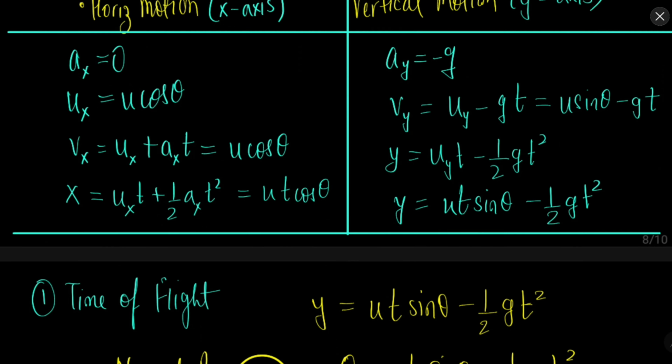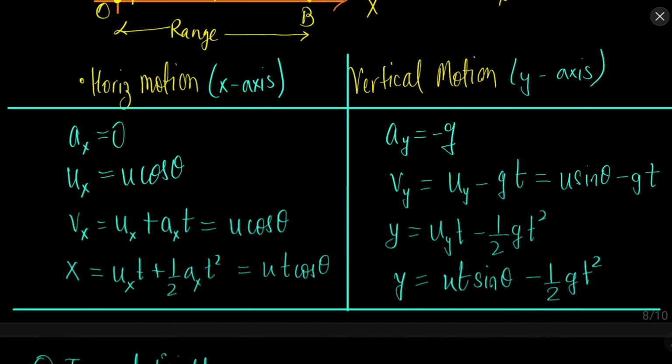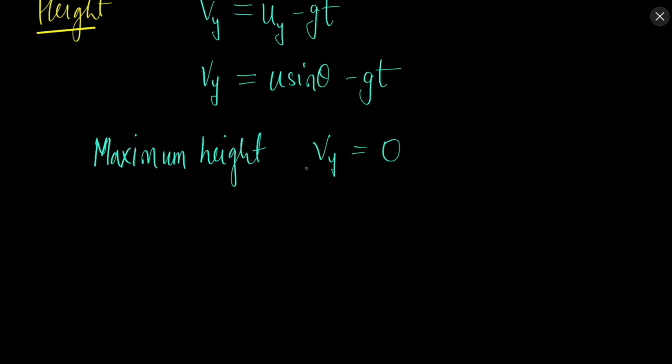At this point the vertical velocity will become 0, because when the object moves up its velocity slows and it stops. So for that moment the vertical velocity is 0, so at the topmost point Vy is 0. So we get u sin theta equal to gt, or t equal to u sin theta by g.